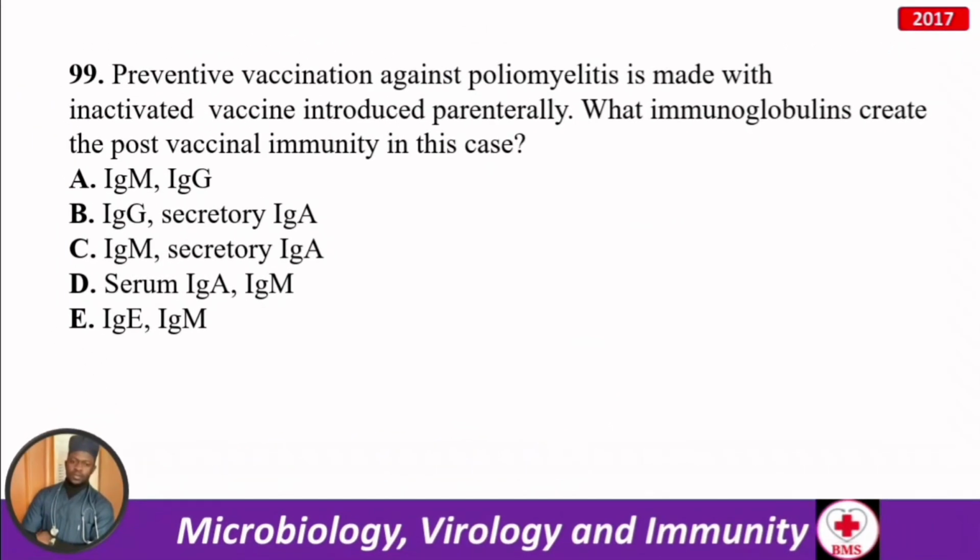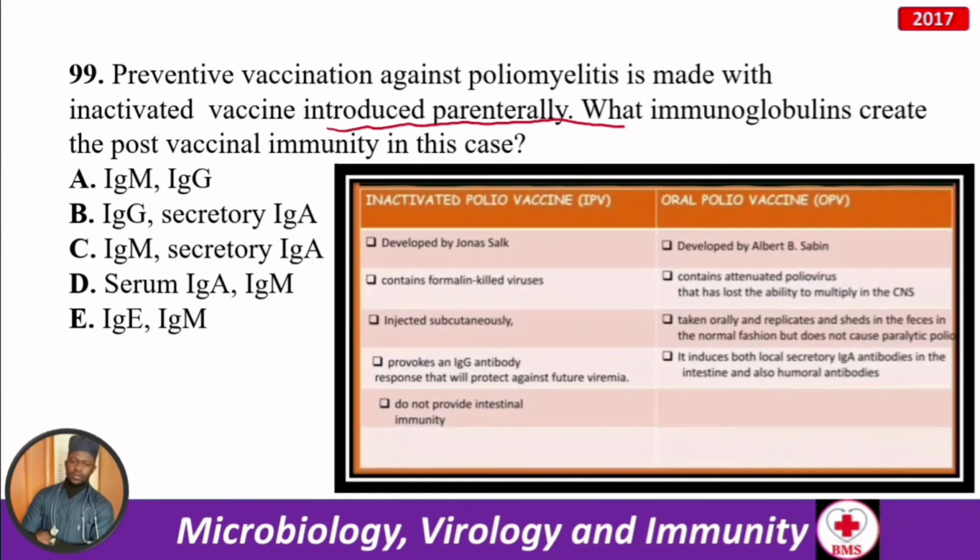Preventative vaccination against poliomyelitis is made with inactivated vaccine introduced parenterally. What immunoglobulins create the post-vaccinal immunity in this case? Before that, I have a classification of polio vaccines here. There are two kinds: inactivated polio vaccine and oral polio vaccine.